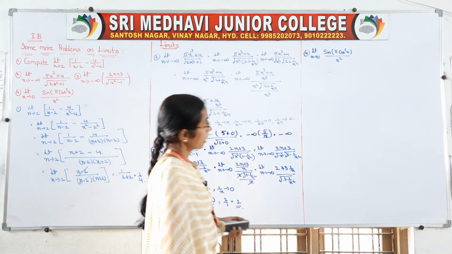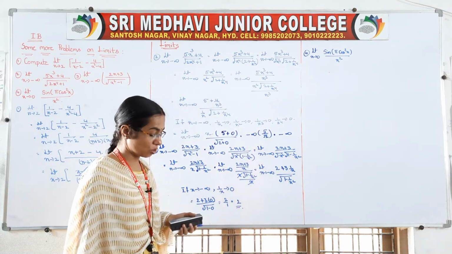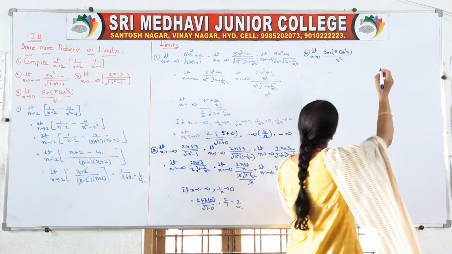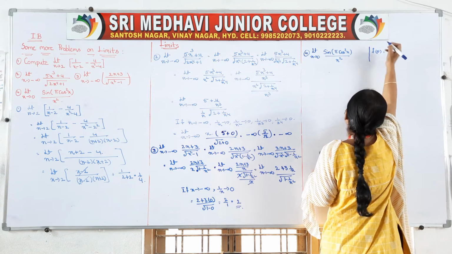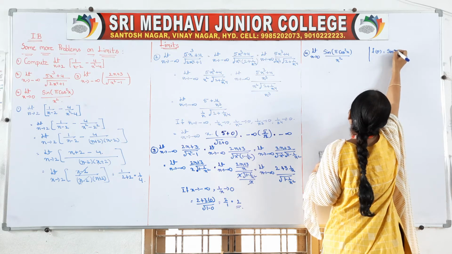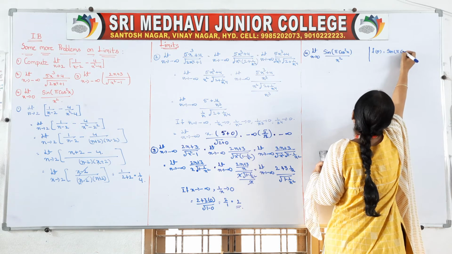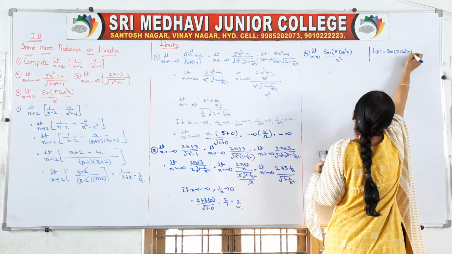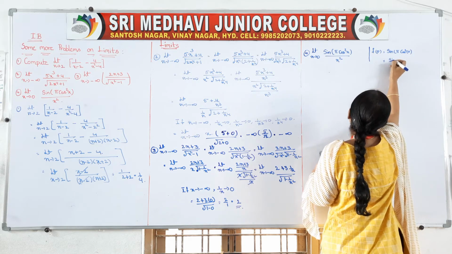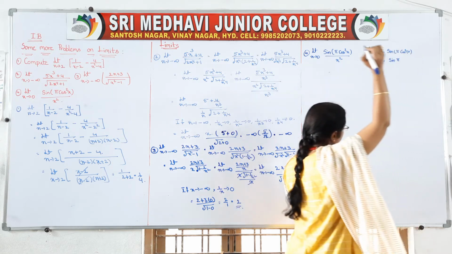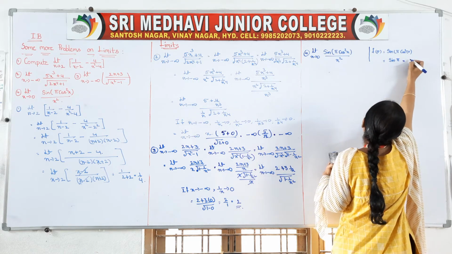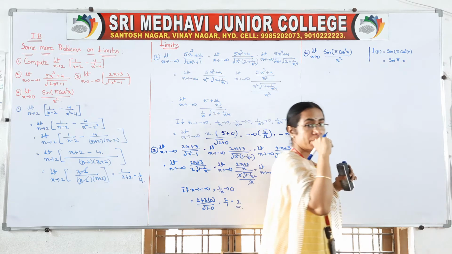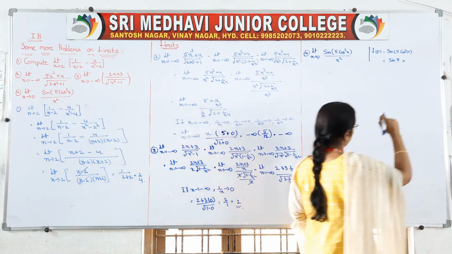So if we go for direct substitution roughly, in f of 0, what happens? It is sine of pi of cos square 0. So cos 0 is 1, 1 square means 1. So it is sine pi into 1, that is sine pi.